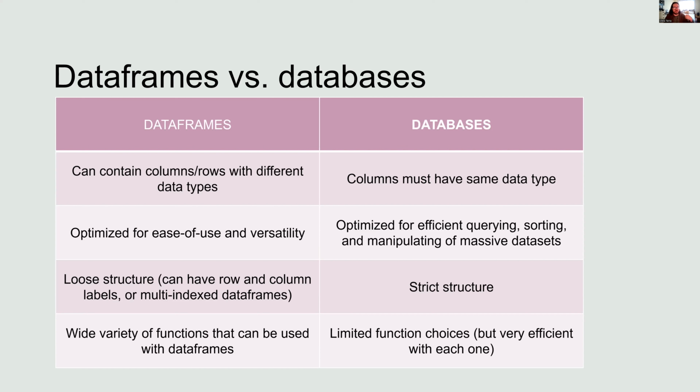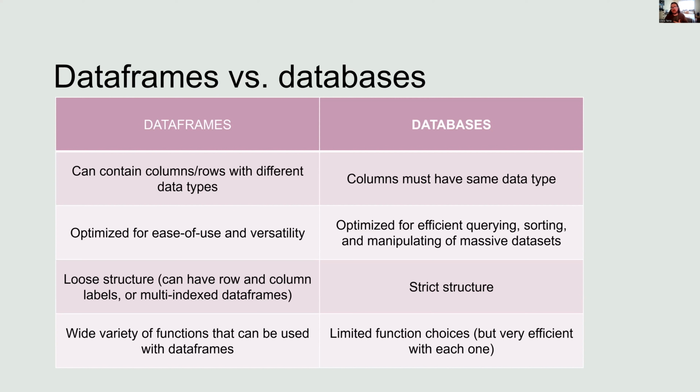You can't have a column that's mostly float numbers and then throw in a bunch of strings later on and still expect the same efficiency. So databases have a very rigid requirement that you have the same data type within the columns.